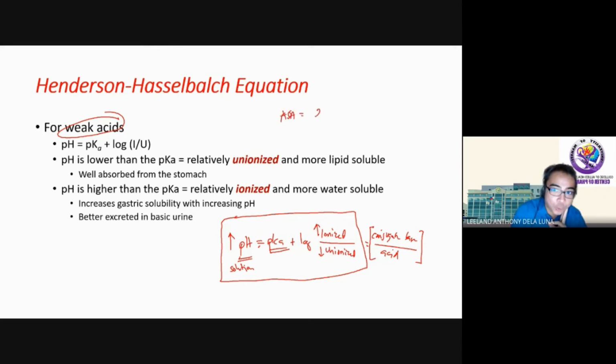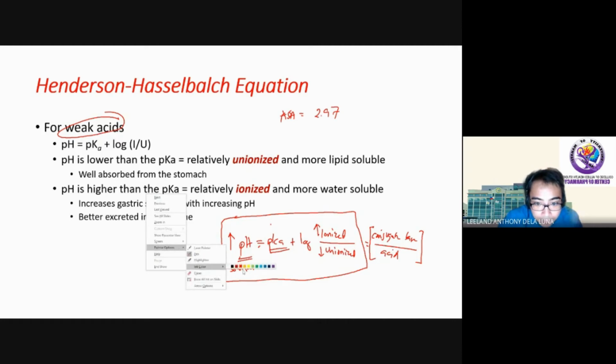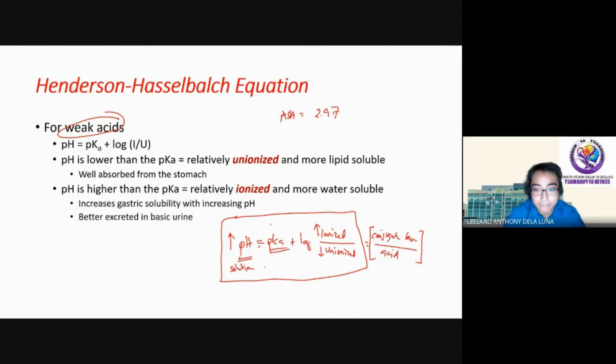Si aspirin class, 2.97 ang pKa. Okay. So, ang pKa niya, class, is 2.97. Ang ibig sabihin niyan, class, any solution whose pH is higher than 2.97 is already basic for aspirin.